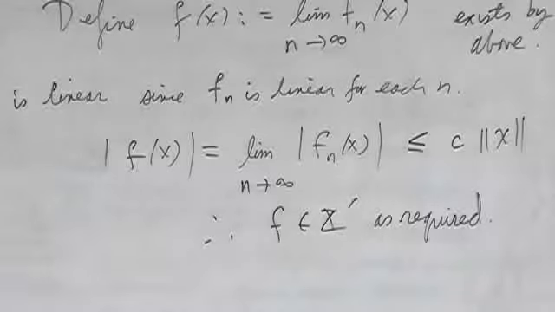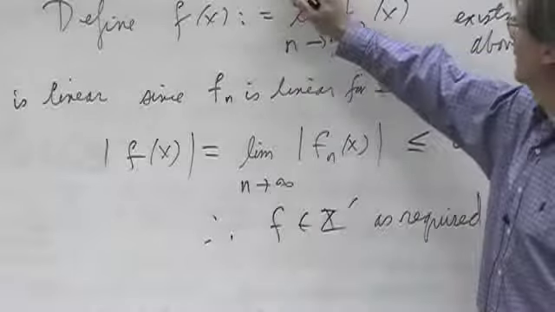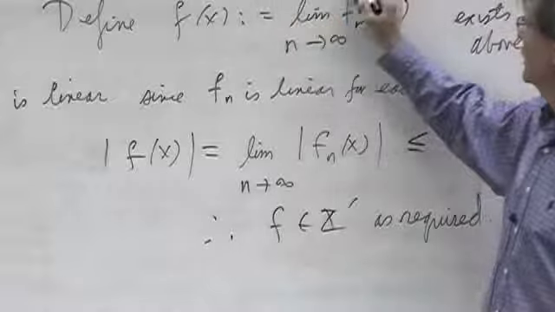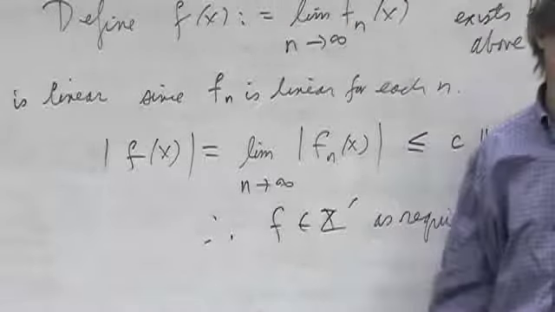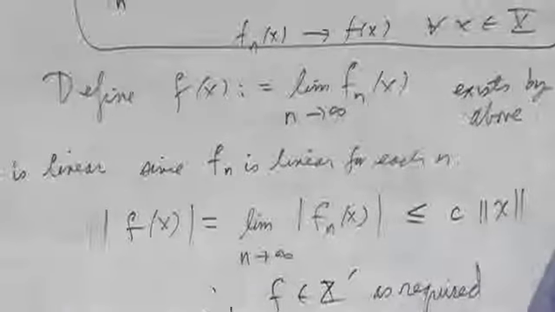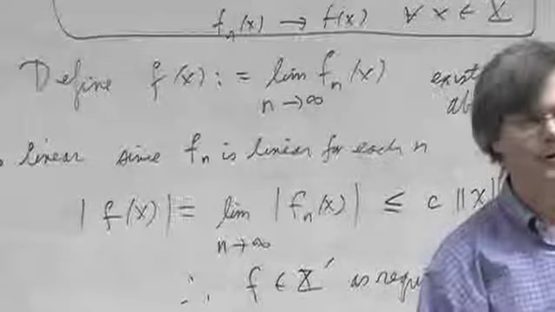Well, that's trivial, because then by definition it's the same functional. The uniqueness comes from the definition. The limit is unique by definition. I don't have to do any extra work.